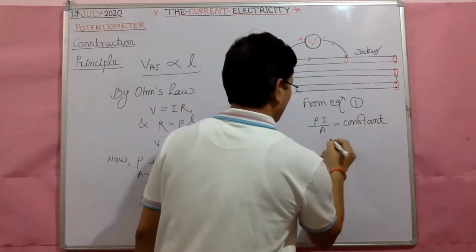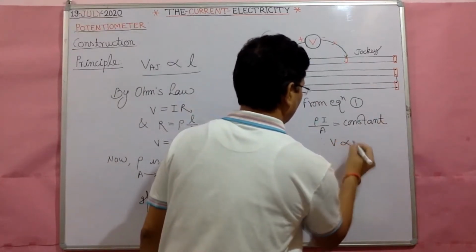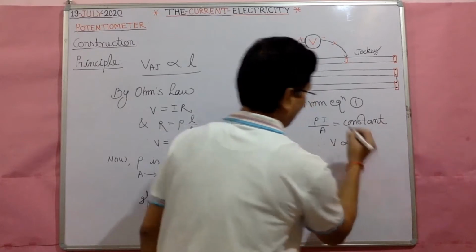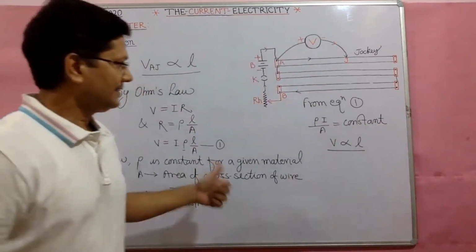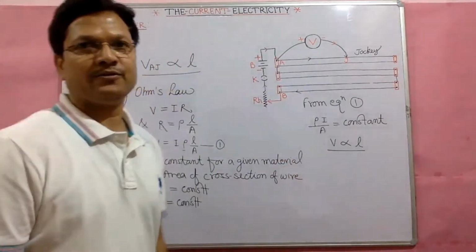Therefore, V is directly proportional to L. This is the basic principle of the potentiometer.